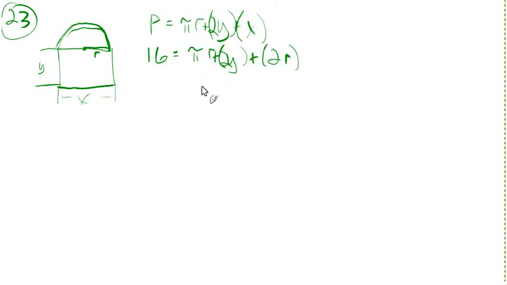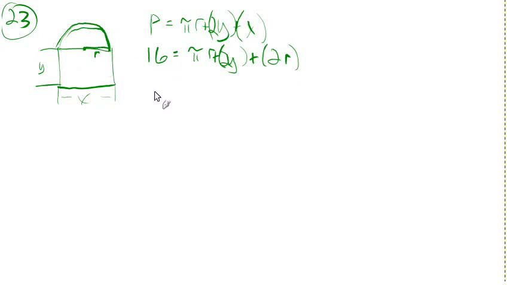I keep forgetting to write plus here. So the total perimeter is going to be pi times r, that's going to be the circumference of half a circle, plus 2 times y, that's 2 of these vertical sides, and then 2r because it started out as x, and then we notice that x is just the diameter, or 2 times the radius of this semicircle.